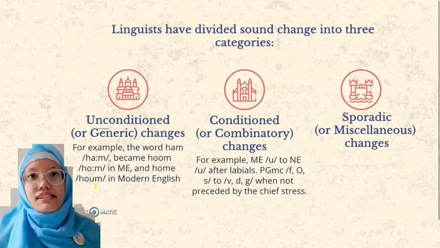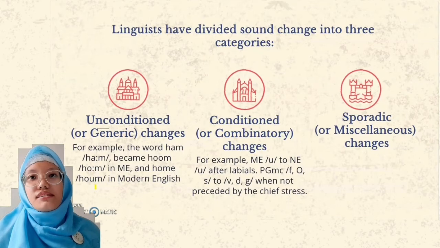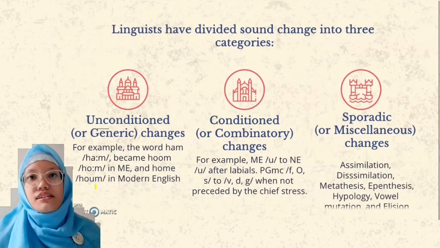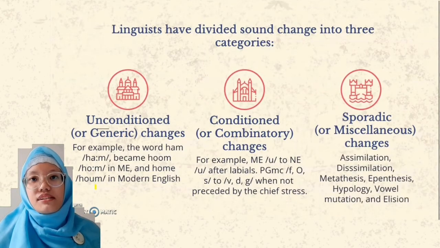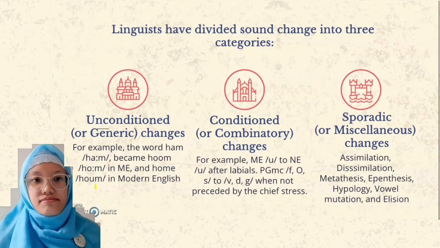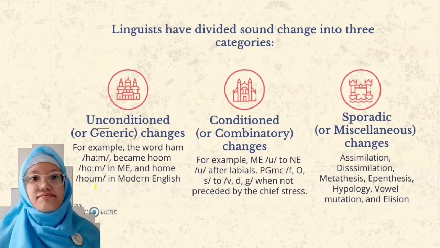The most important types of sporadic changes are assimilation, dissimilation, metathesis, anaptyxis, haplology, vowel mutation, and the last is elision.